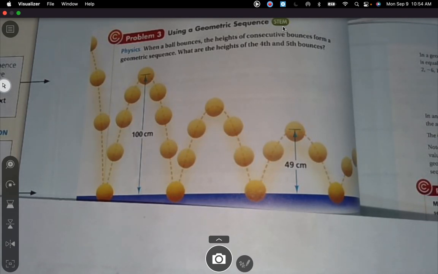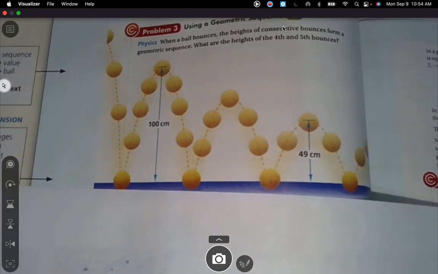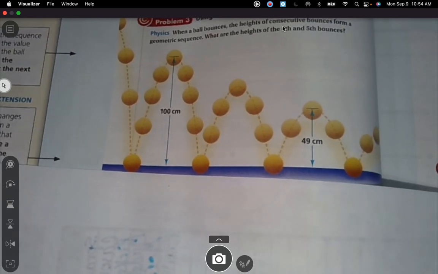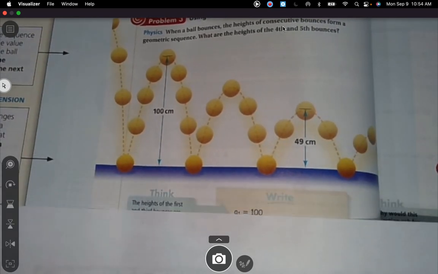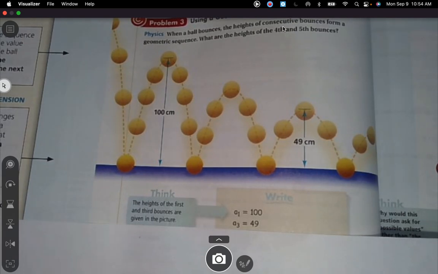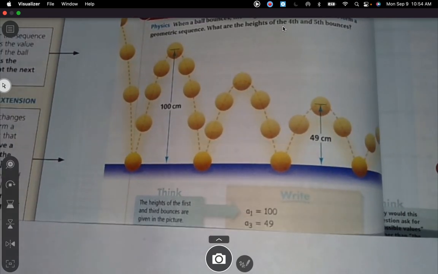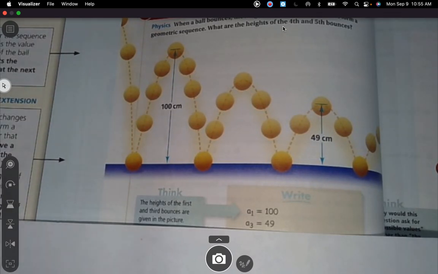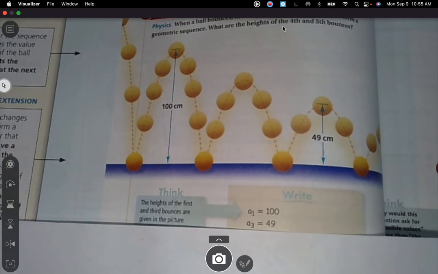What's my first bounce? 100. And then my third bounce is 49. Okay, does everybody understand that? I know my first and third. I won't do it that way.